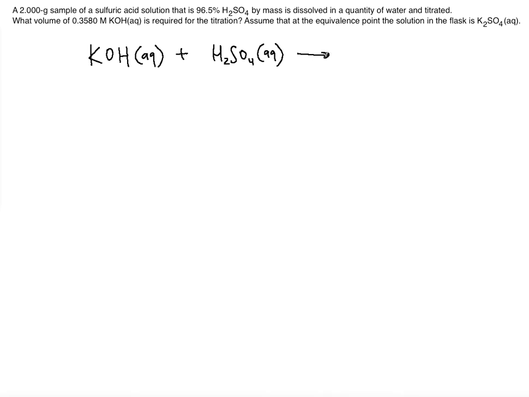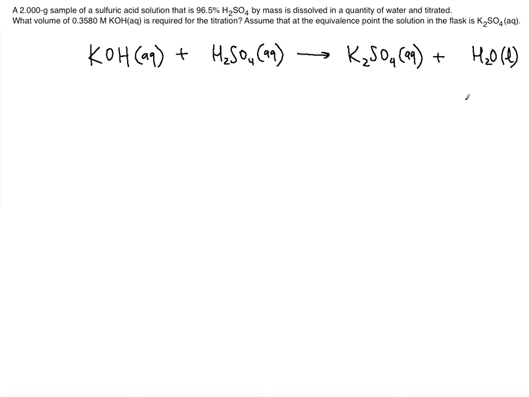So these are the reactants, and we turn into a product. We're getting the potassium sulfate, aqueous, and then always water, since we're dealing with the hydrogen and oxygen, and that's going to be liquid.